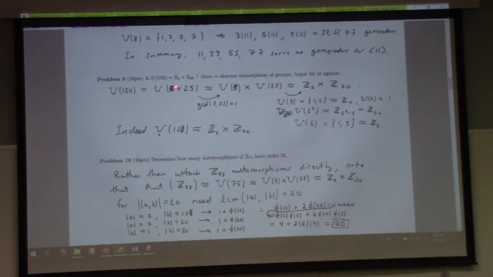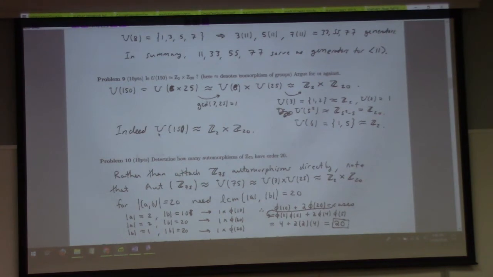I chose 6 and 25 as a factorization because these are, of course, relatively prime, right? And as such, if we have a product of relatively prime integers, then the theorem said that that was isomorphic to U6 Cartesian product U25, the direct product of these groups. And U6 is Z2 and U25 is Z20 by our usual technology.